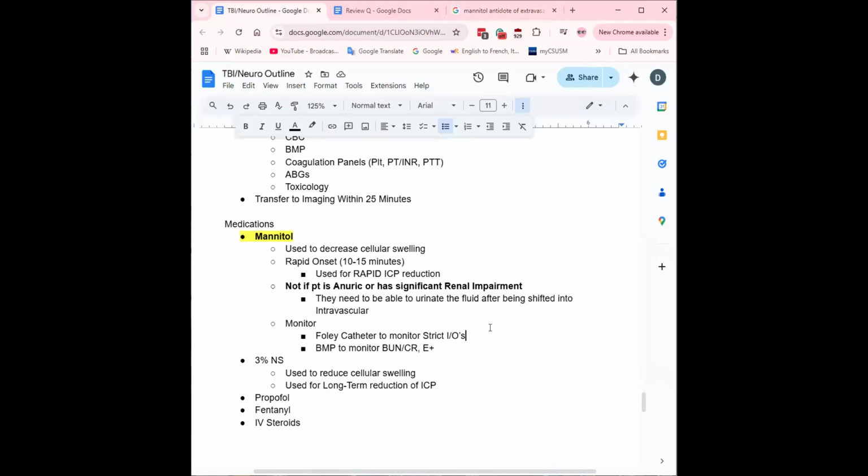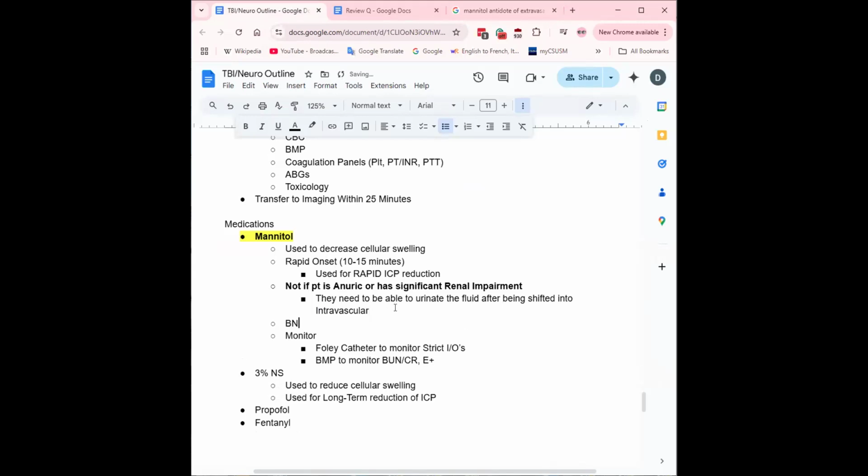If you can do that, then be even better. So you want to use a large bore or a central line. It's probably best if used in a central line or large bore IV due to risk of extravasation.